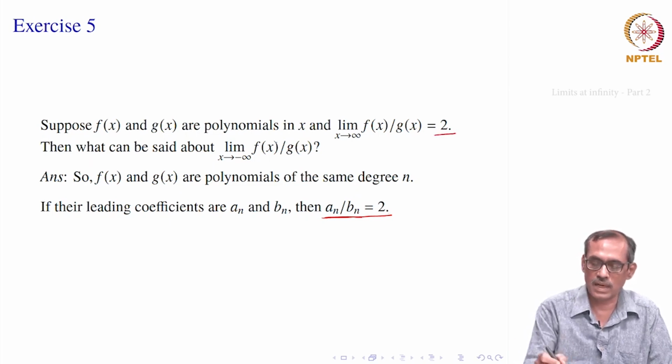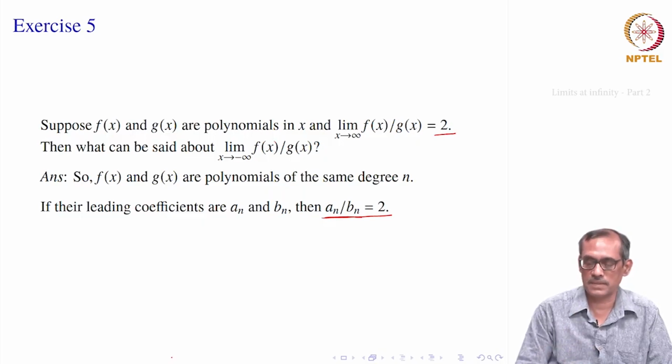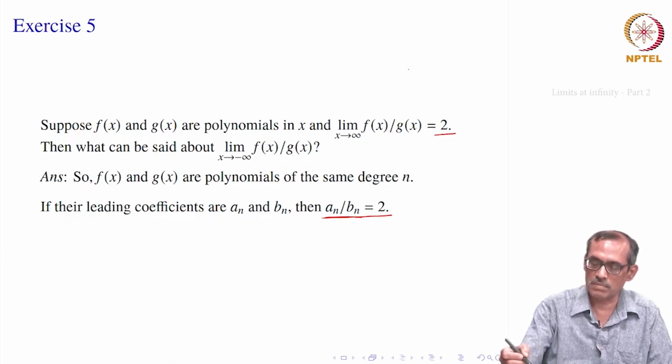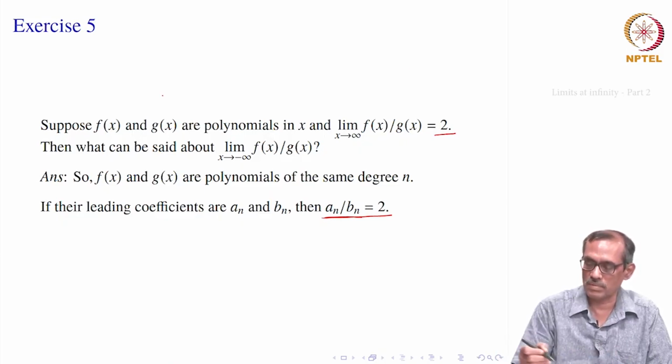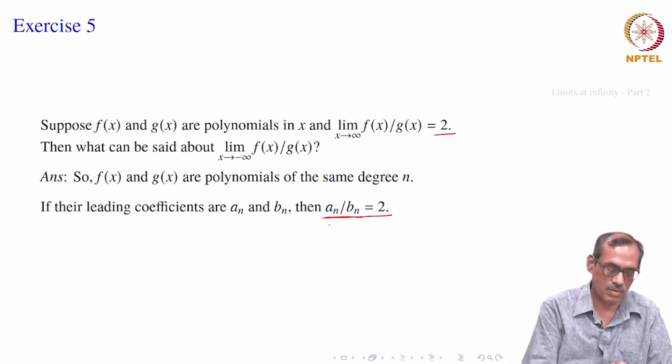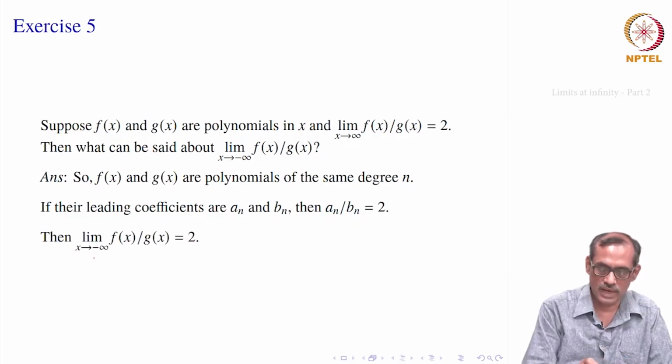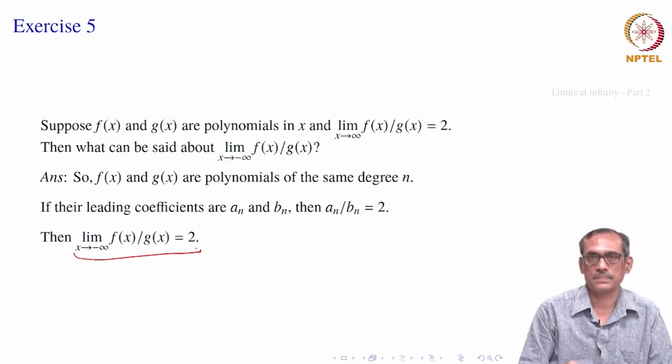So, what can we say about the limit as x goes to minus infinity of f x by g x? Similar thing will happen: all the other terms will go to 0 after division by x to the power n, but the last two will remain, a n by b n, that is a constant, and again that will be equal to 2.